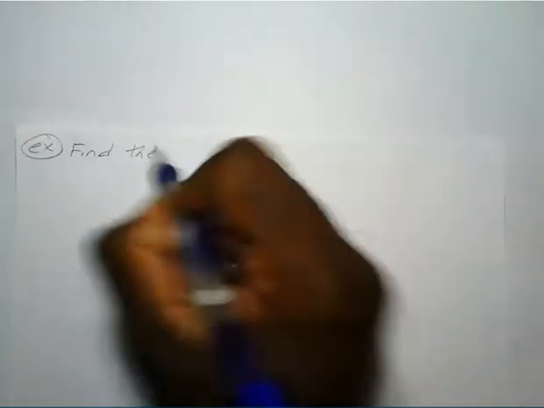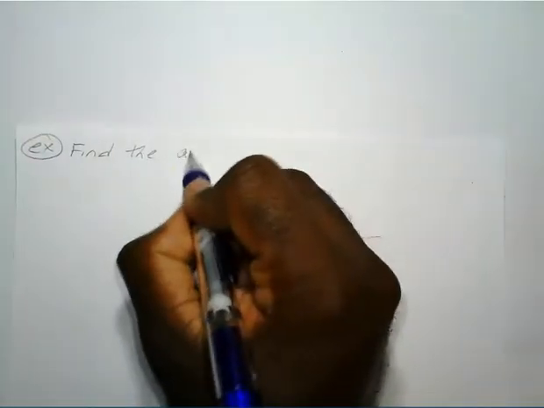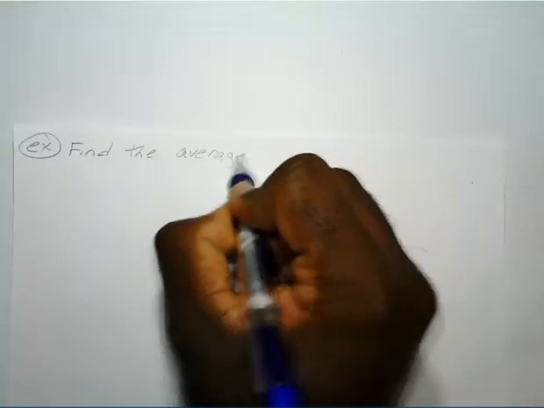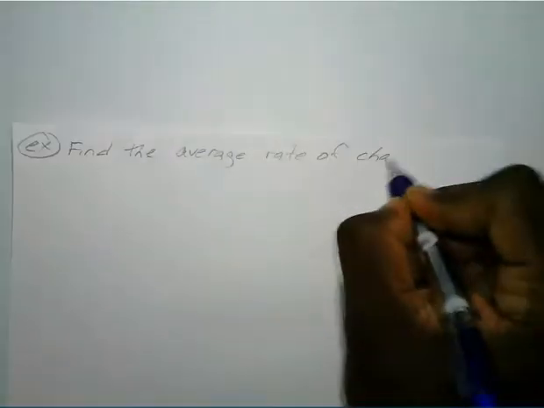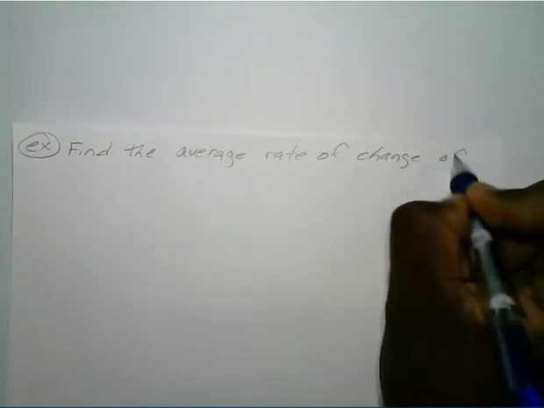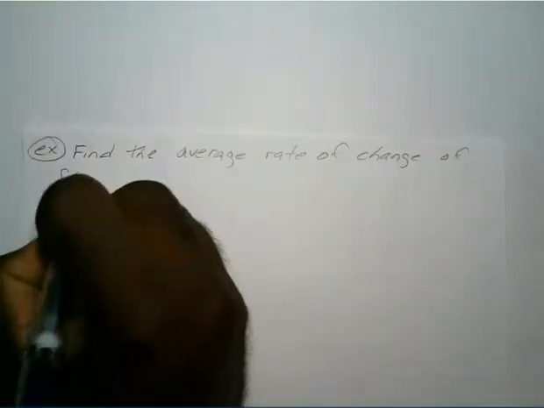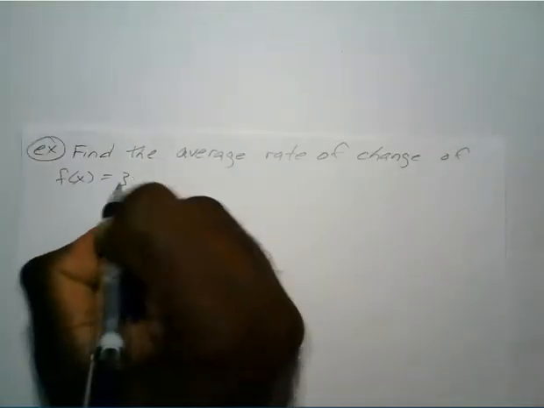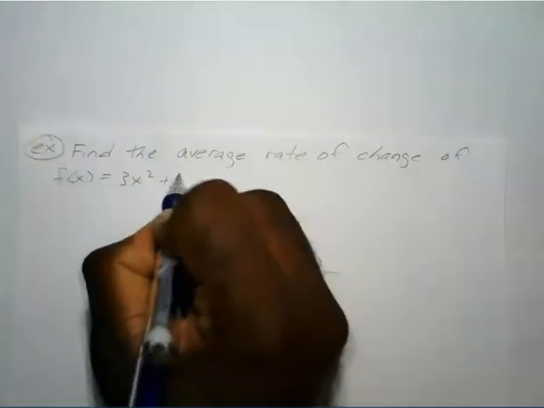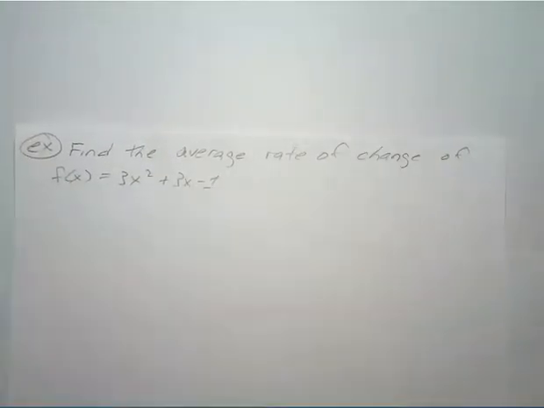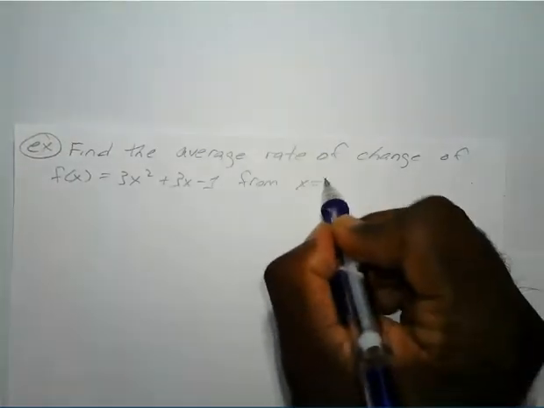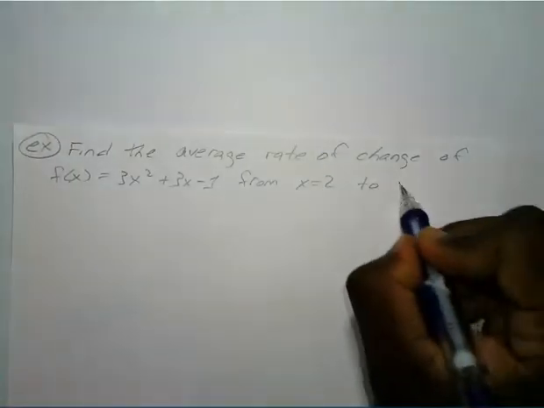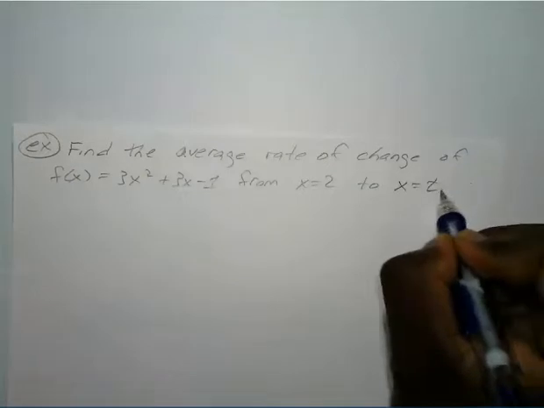So what if we want to find the average rate of change of the function f of x equals 3x squared plus 3x minus 1 from x equals 2 to x equals t.